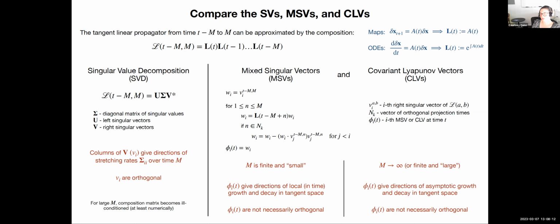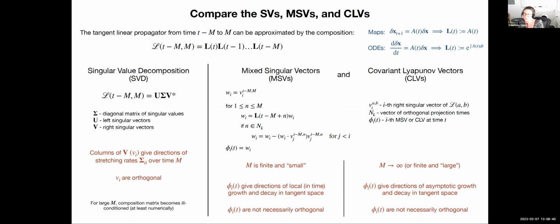For the bred vectors, I can't speak as much, I haven't worked with them as much as Terry has. They're mostly just like the backwards Lyapunov vectors from what I understand, so you're not taking the forward evolution into account. But I think with bred vectors you go forward, but then you're looking at the backwards behavior.